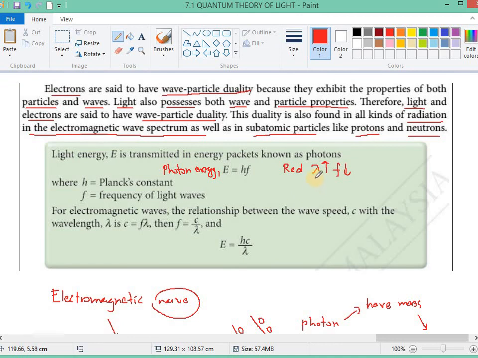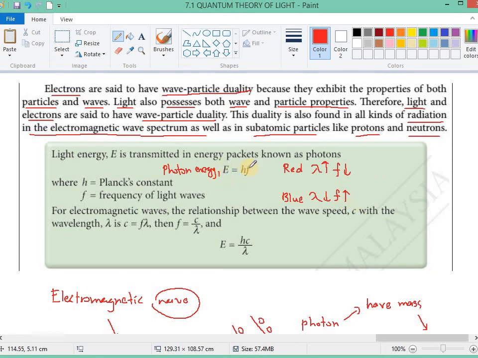How do you know that the wavelength is longer? You just look at the electromagnetic spectrum. You will see that the red color light is near the infrared, and infrared has longer wavelength. Compared to that, blue light is near the ultraviolet, so the wavelength is shorter, and the frequency will be higher.